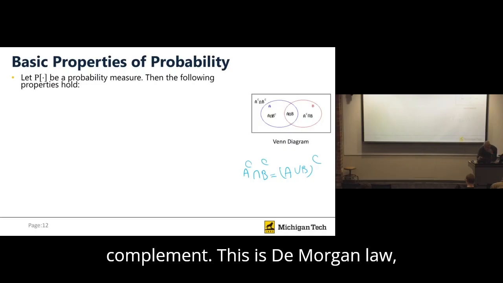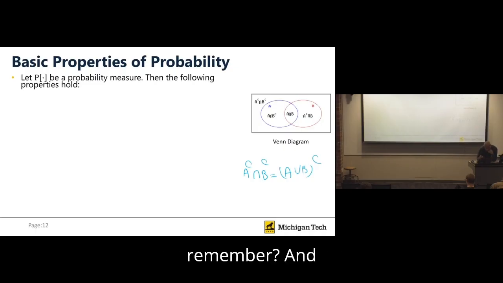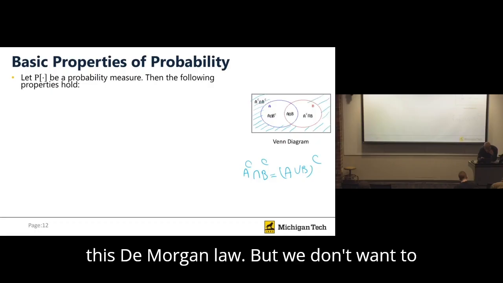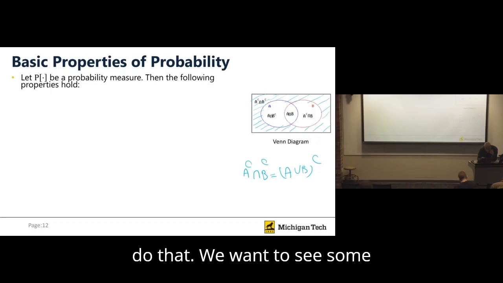This is De Morgan's law, remember? You can prove it, but we don't want to do that.